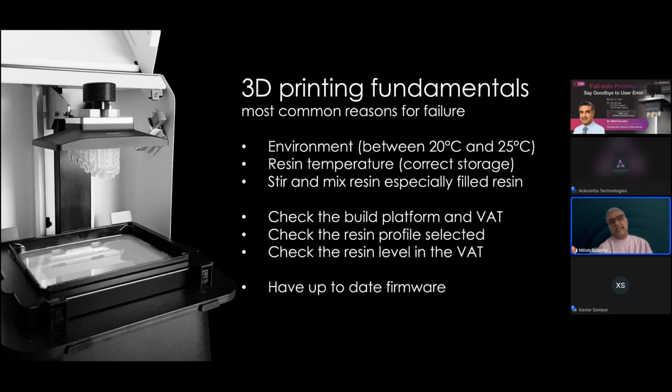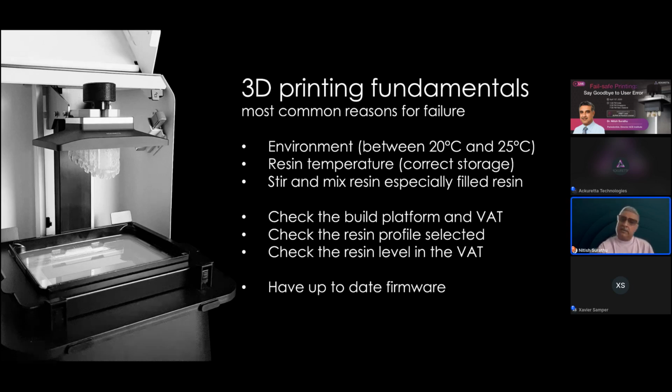And at the same time, you could store your resin in a very cold, dark place, and the temperature of your resin could be well below 20 degrees. And that's not great either. And so it's a good idea to keep your printer and your resins in a nice place so that the temperatures are all ambient as far as printing goes. And so that's the first thing to get right.